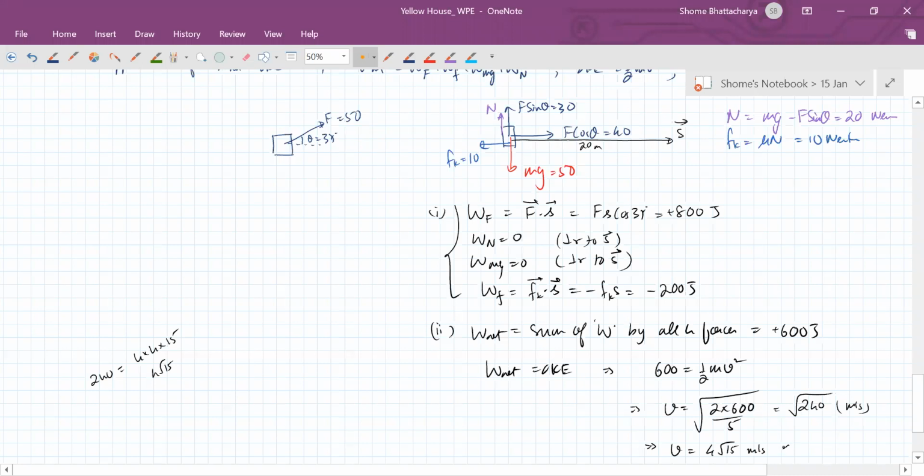Which will become approximately almost 16 meters per second, less than that. Square root of 15 we can approximate as 3.87.